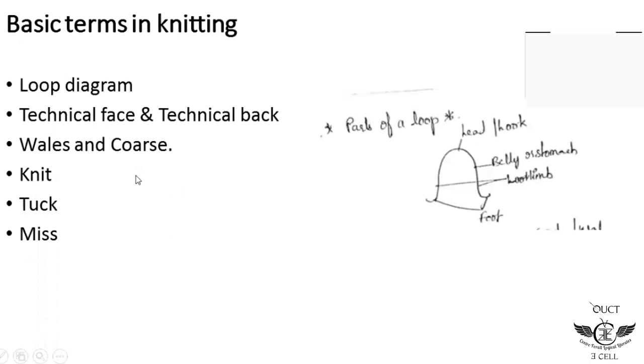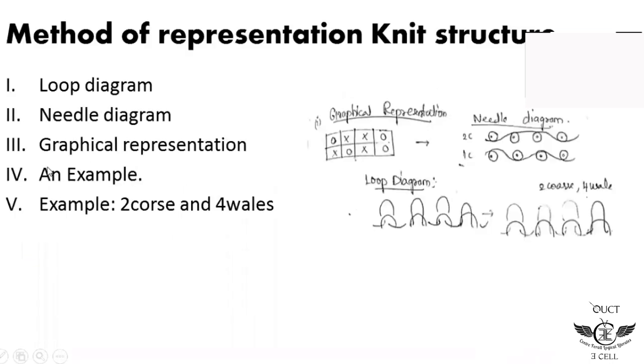The basic terms have been given, right? Now the method of representation, which is very, very important. In method of representation, we have the loop diagram, needle diagram, and graphical diagram. For example, if they give you a question, 2 courses on 4 wales, then you have to do all three if they ask for representation of the knit structure.